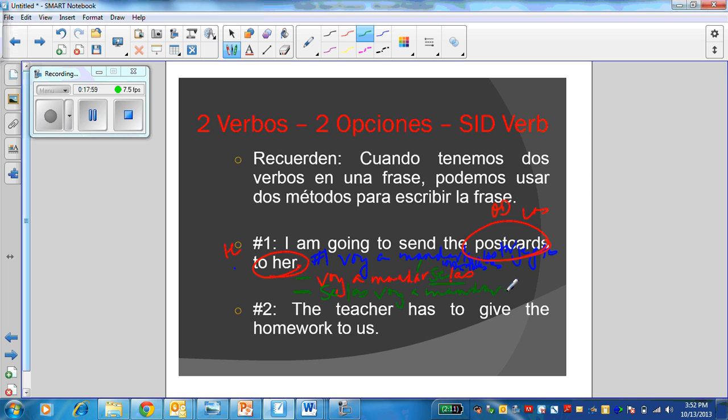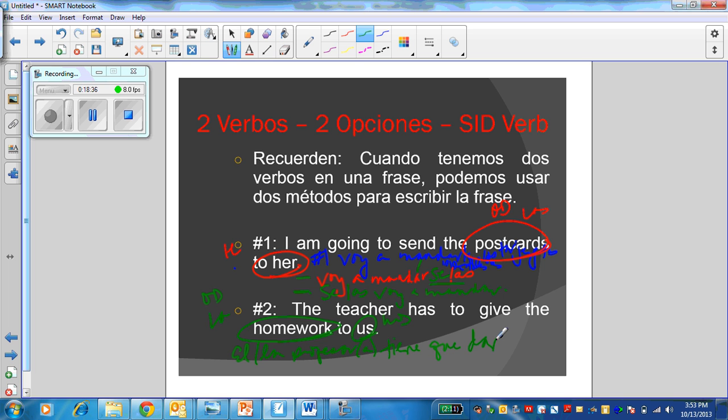All right, número dos. The teacher has to give the homework to us. La tarea, objeto directo. Us, nos, objeto indirecto. So if I want to say the teacher has to give it to us, you're going to say el o la profesor, profesora tiene que, that's how you say has to, dar.